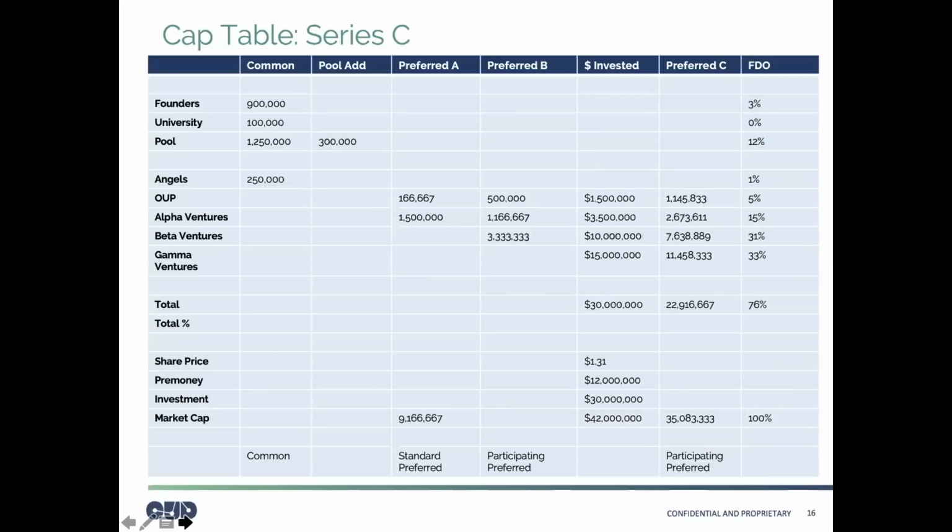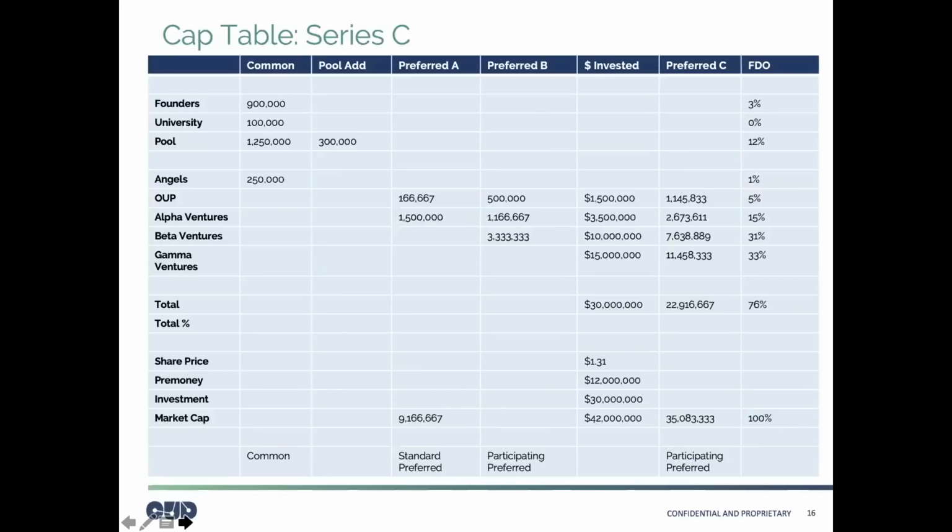Although it's weighted average, which is very common and generally pretty balanced, the fact that so much money is invested at this lower price, with 30 million coming in and almost 23 million shares being issued, means the impact on the Series A and Series B ownership is meaningful.